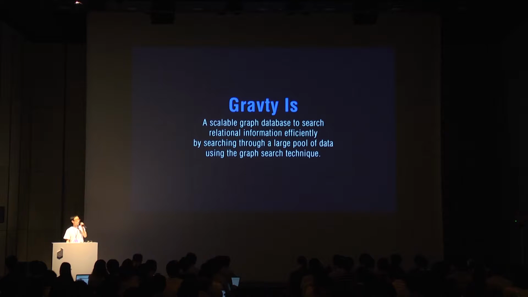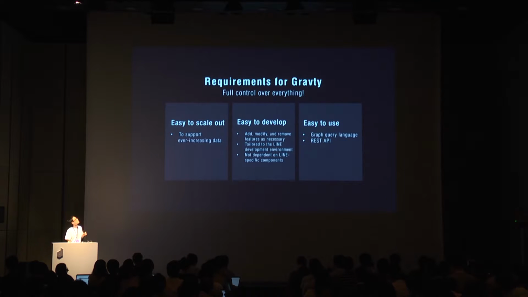Gravty is, in one sentence, a scalable graph database to search relational information efficiently by searching through a large pool of data using the graph search technique. Service needs can change unpredictably, so it is crucial that we have full control over everything.